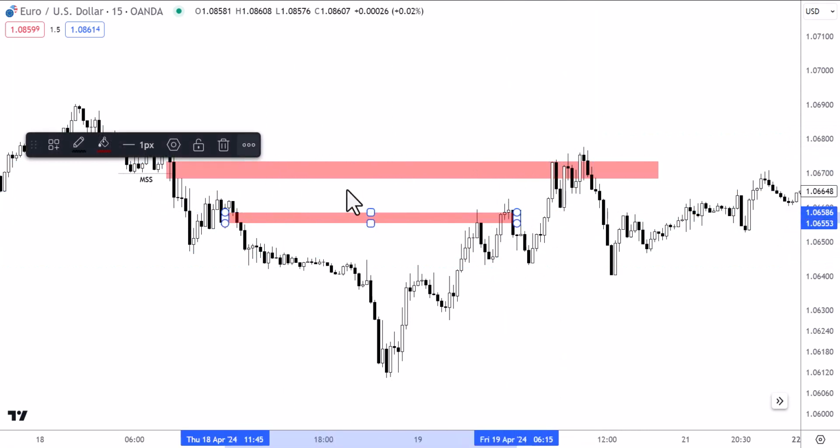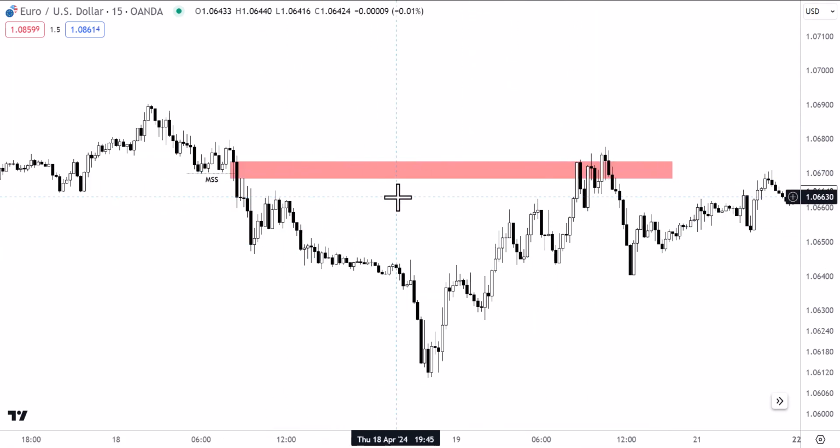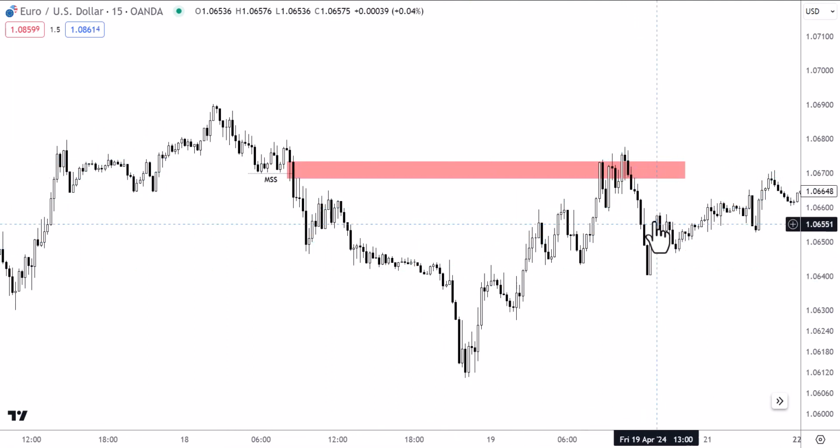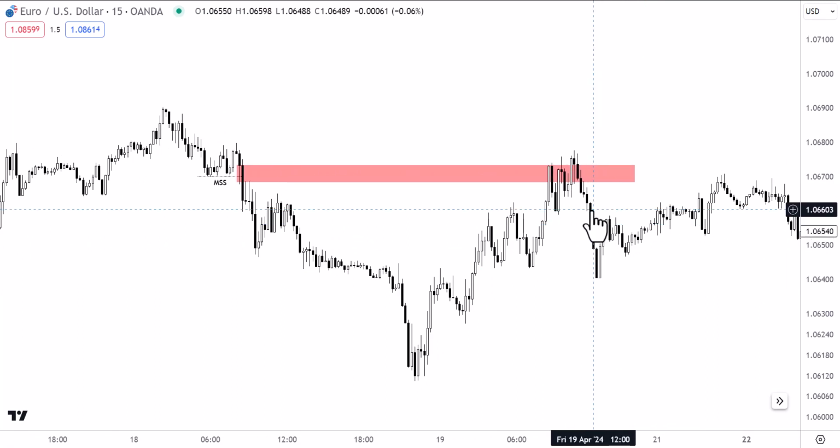And then we see here price runs up into this imbalance that I had mentioned and aggressively moves price lower. And typically you can classify internal liquidity as internal highs and lows where it is within a certain trading range.